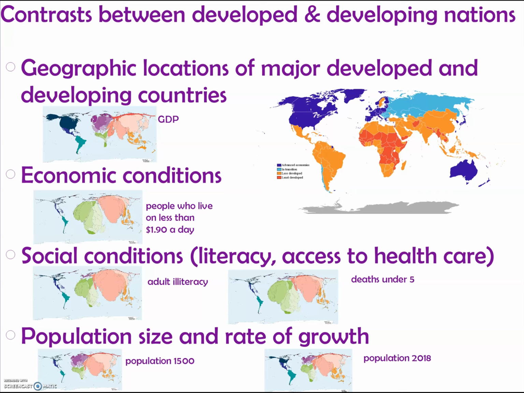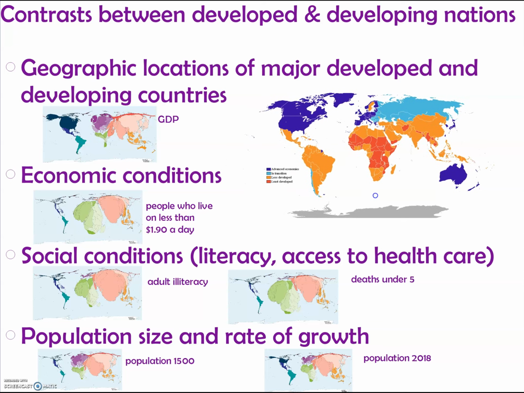You can see on this map of the world that the dark blue countries are the advanced developed countries, and the red are the least developed, the underdeveloped nations of the world, and everything else is sort of in between. I love these maps.